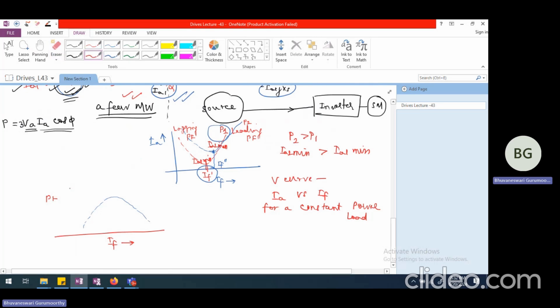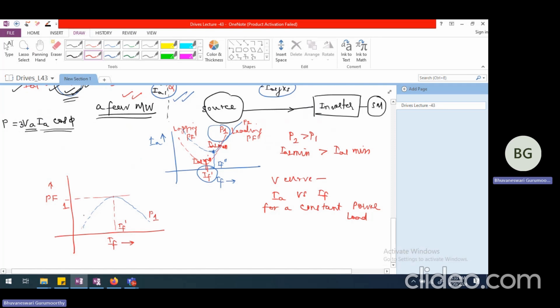So let me again draw this. This is the power factor, and this happens to be the unity power factor. And this is going to be lower than 1. This side also is going to be lower than 1. And unity power factor occurs at a particular field current, which is I_f dash. And this corresponds to a power P1.